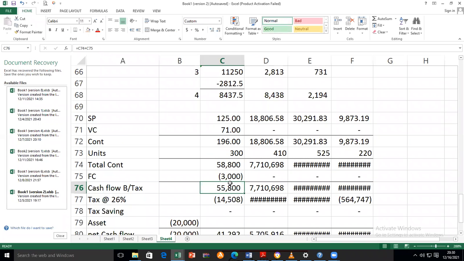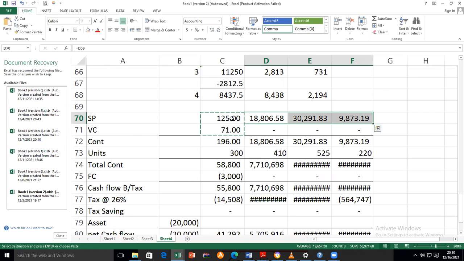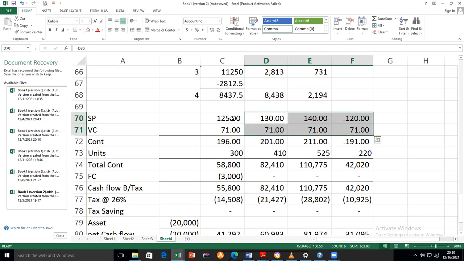So basically you pick the figures before inflation. That's what is expected.